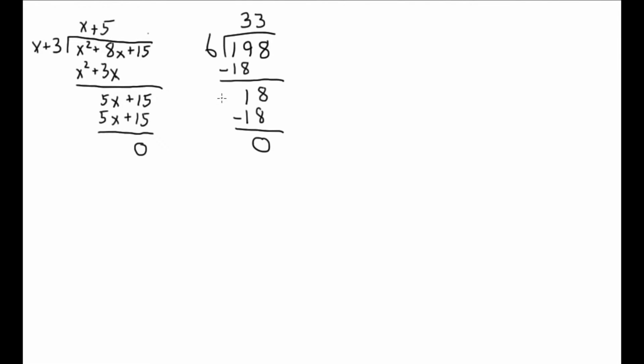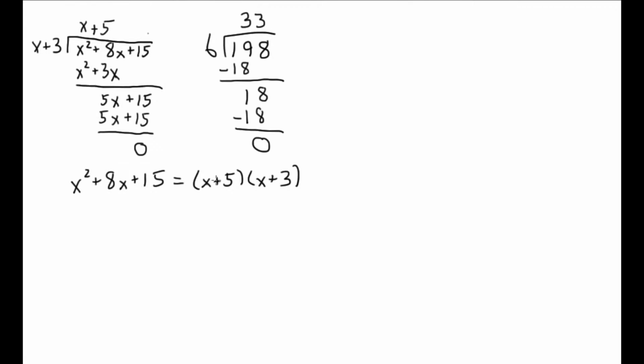Now what you should realize here is that the dividend here, x squared plus 8x plus 15, is a quadratic. And we know that with this quadratic, we can easily factor this. What are two numbers that multiply to 15 and add to 8? That's 5 and 3. And look at that.